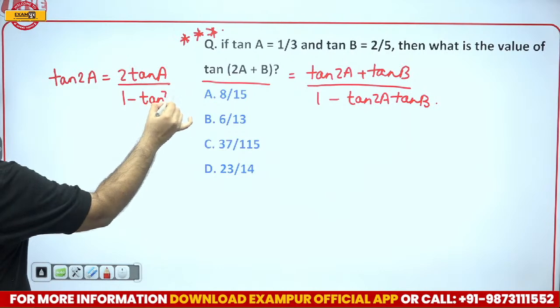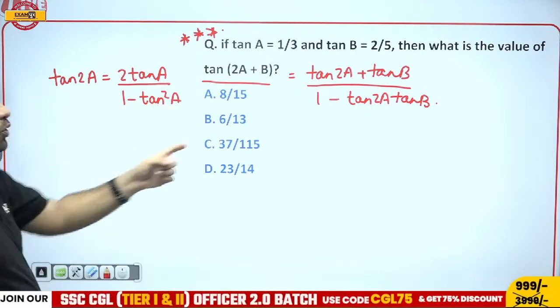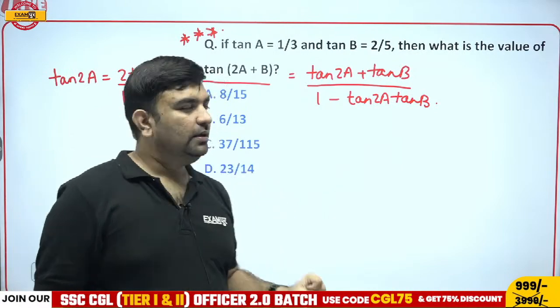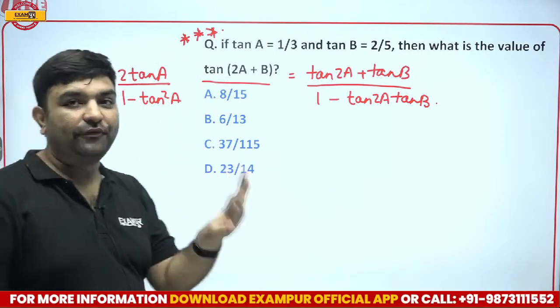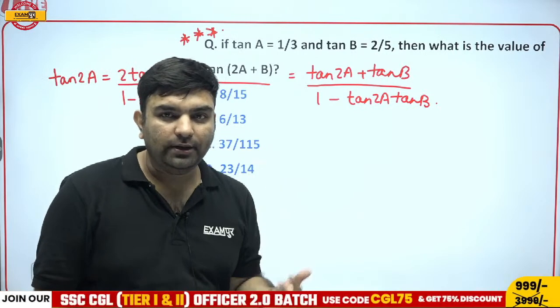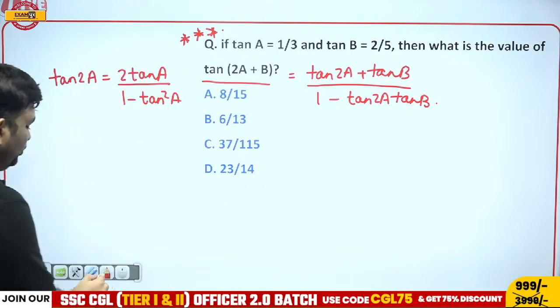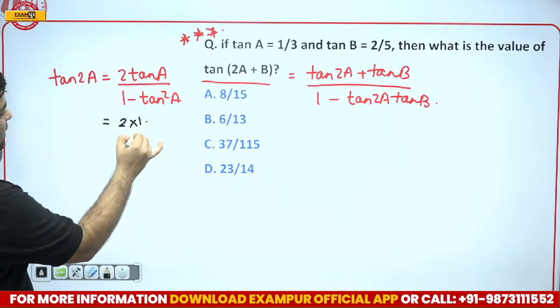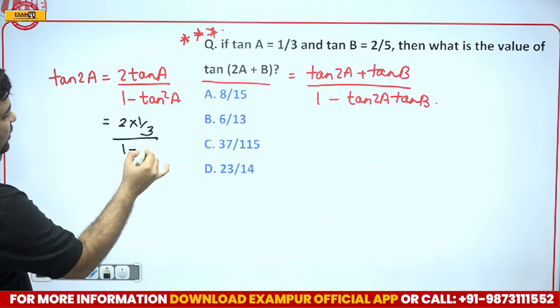I don't want it to look very congested, so I'm finding out tan 2a differently, which is 2 tan a upon 1 minus tan square a.